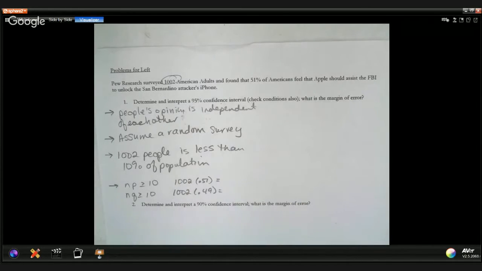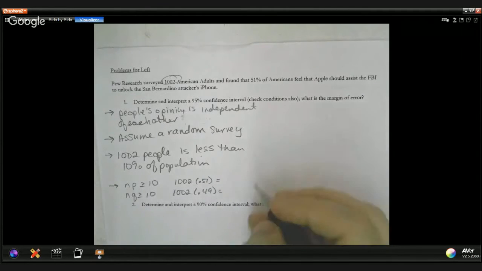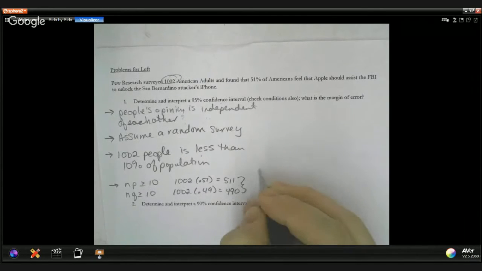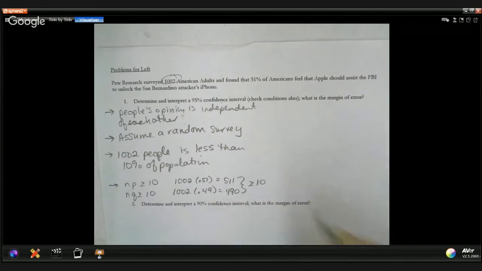And so when we multiply those out, I get 511. And then I get 490. So these are both greater than 10 people, so we can move on, okay? But again, you have to first say and explicitly check those conditions.